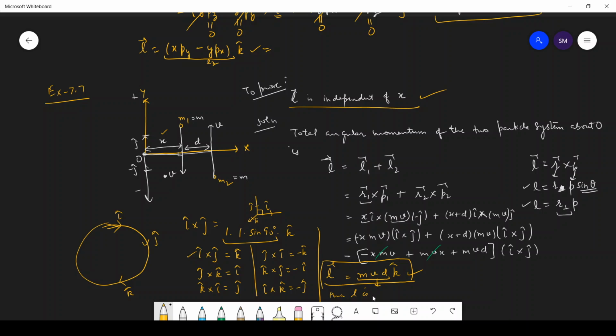Hence L is independent of the point about which the angular momentum is taken. You have to write the full sentence which is written in your book.